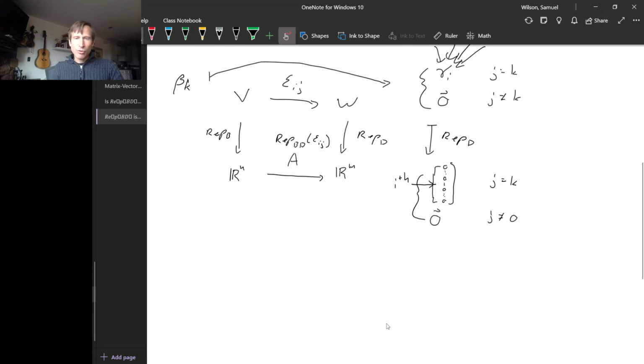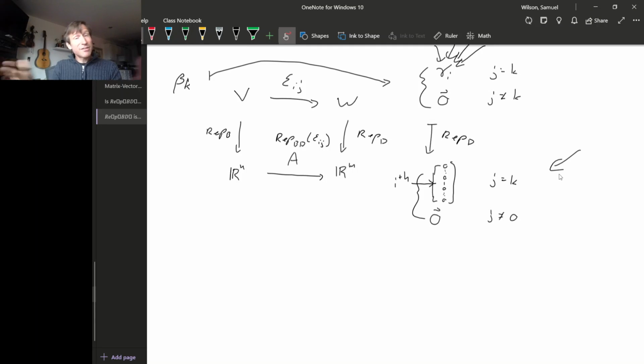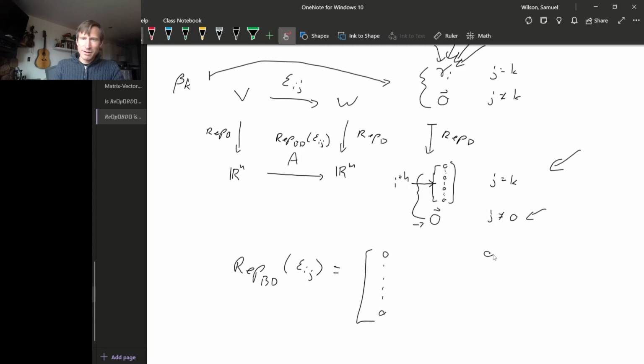So what do we get when we put all of these together into a matrix to get the representation matrix? Rep BD of epsilon ij is, what is it? Every column except for the kth column is nothing but zeros. Sorry, I should be saying j, not k.